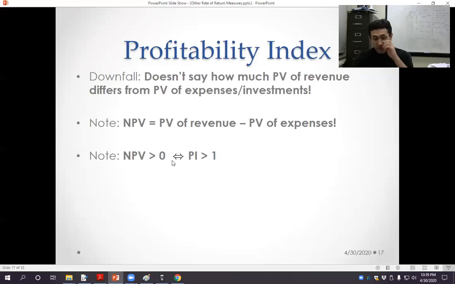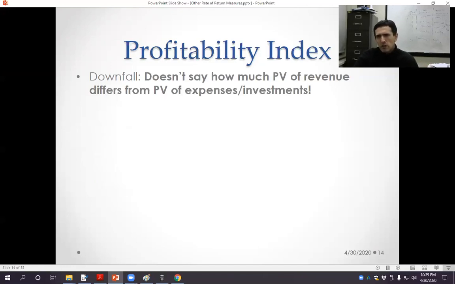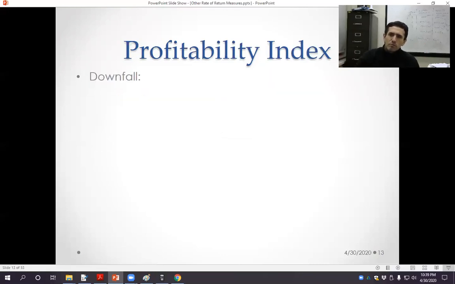So relative to this default option of foregoing the project and just investing expenses, you have a profit precisely when your profitability index is, sorry, not positive, bigger than 1. Okay. And for obvious reasons, you want to pick projects with the largest profitability index if possible. That really goes without saying, because you want the most return for your dollar of investment. Okay.